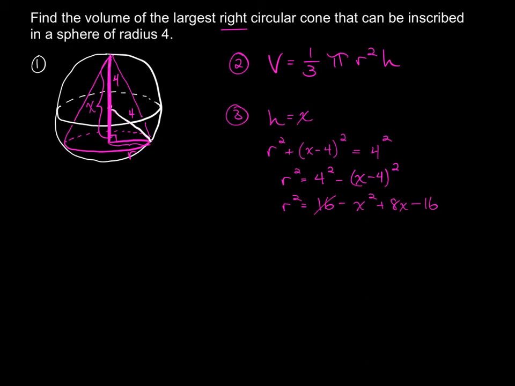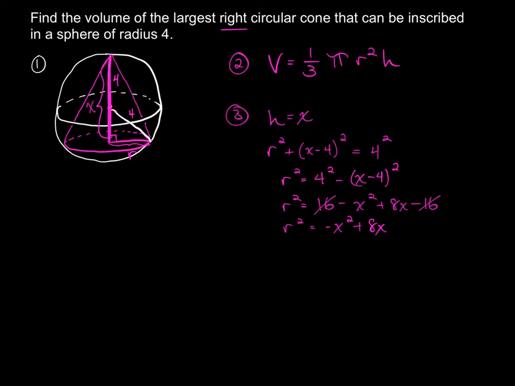And so the 16s will reduce away here, leaving you with r squared equals negative x squared plus 8x. So now you can see that we can substitute this in for r squared, and you can substitute x in for h, leaving you with this new equation.